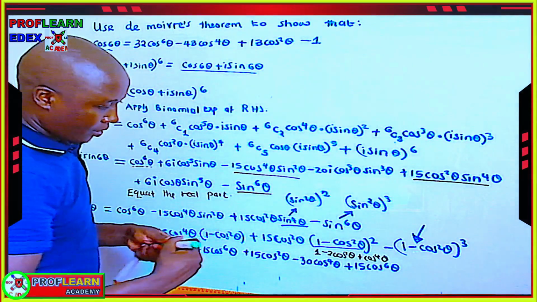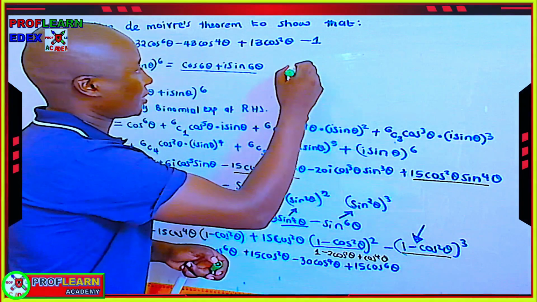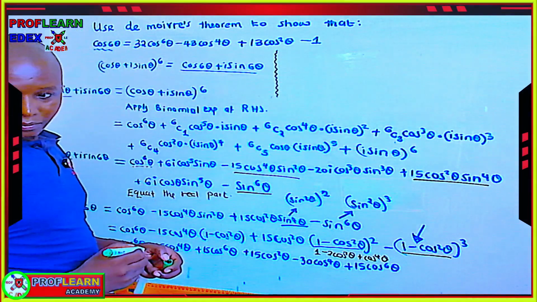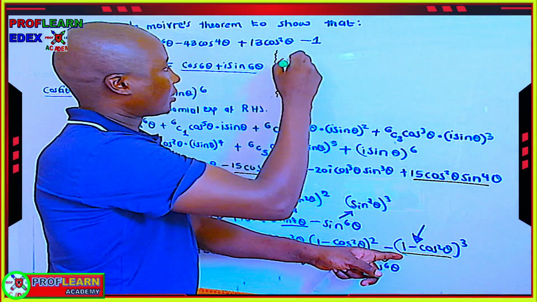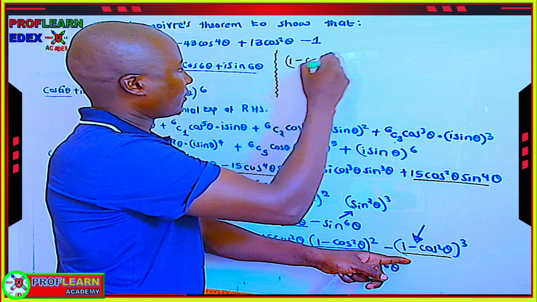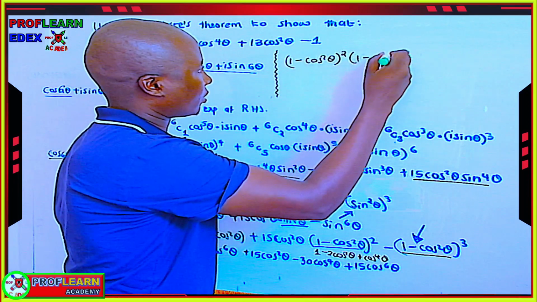Something I know is that this that I'm having here can be written as 1 minus cos squared theta raised to power 2, again 1 minus cos squared theta.